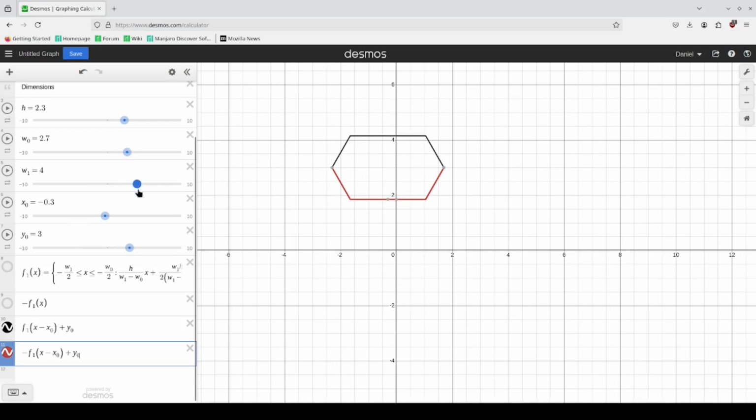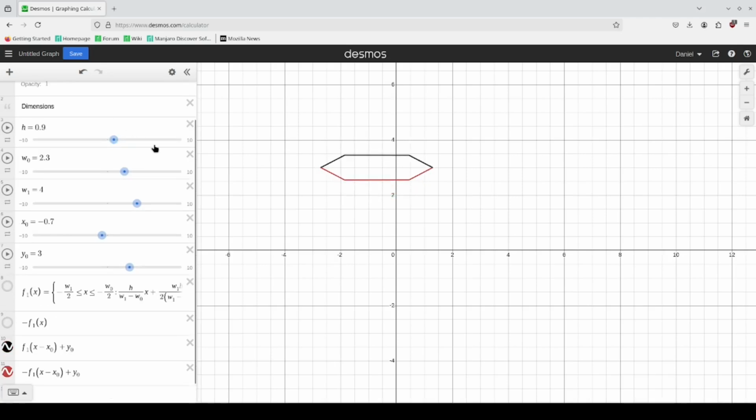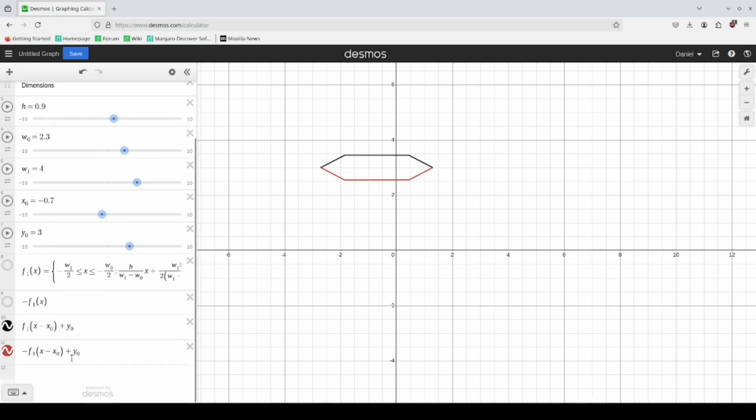So now we just need to adjust these dimensions once, right? Make it not as wide or make it not as tall, depending on how you like it. And this will make it very easy to copy and paste all over the place.